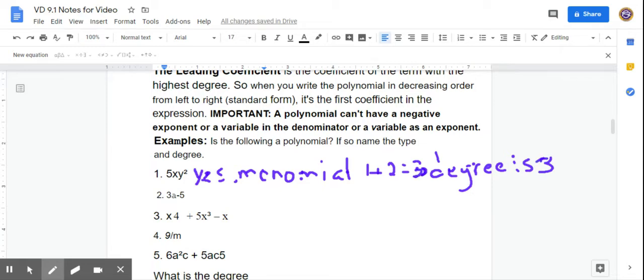The next example is 3a to the negative 5. The exponent is negative 5. Therefore, not a polynomial.